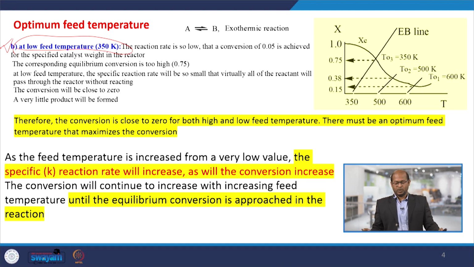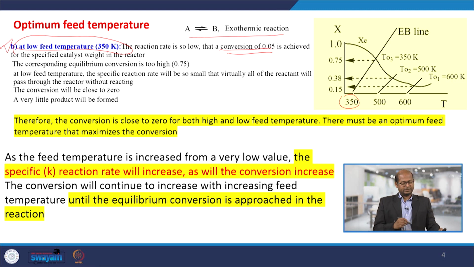Here, when we take a very low feed temperature of 350 Kelvin, the reaction rate constant is very low, so the overall rate would be low. Then the conversion that we get would also be very low, since the rate of the reactions is very low.